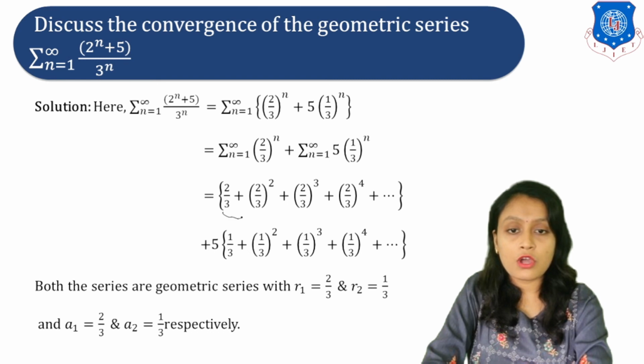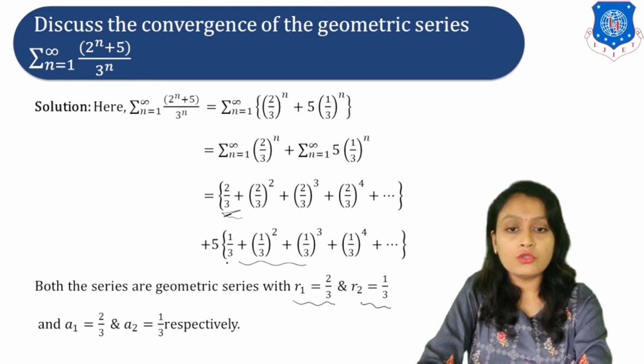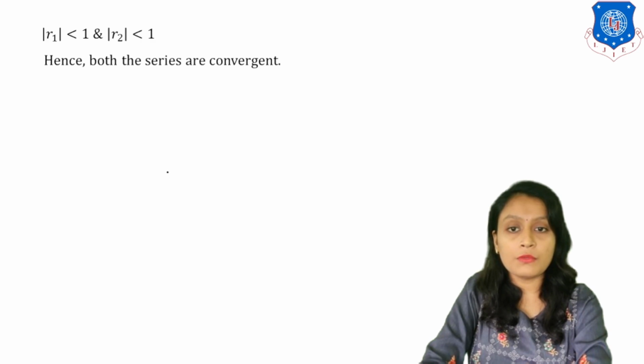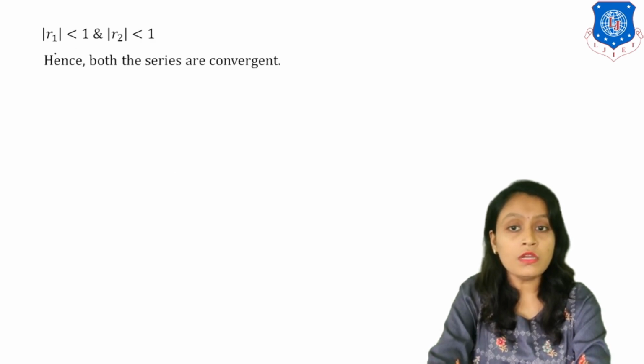The ratio of this series, that is R1, is 2 by 3, and the ratio of this series, that is R2, is 1 by 3. A1 is 2 by 3 and A2 is 1 by 3. So now we will apply the formula. Also, mod R1 is less than 1 and R2 is also less than 1, right? Therefore, both the series are convergent. So we can find their sums.